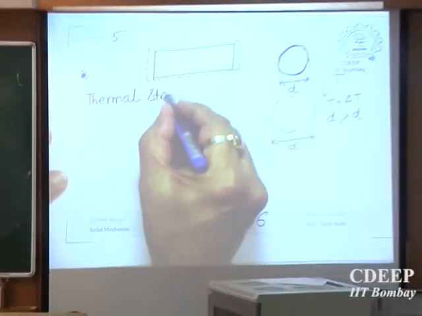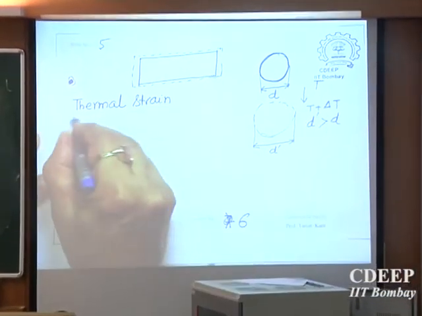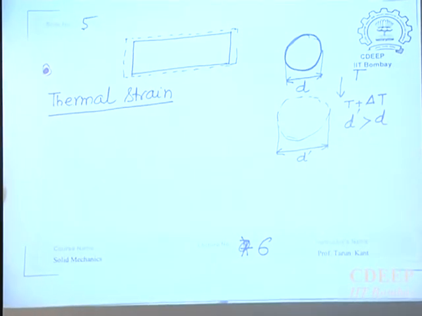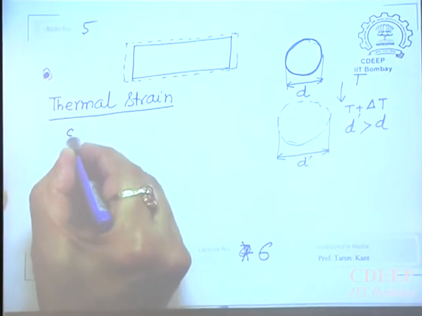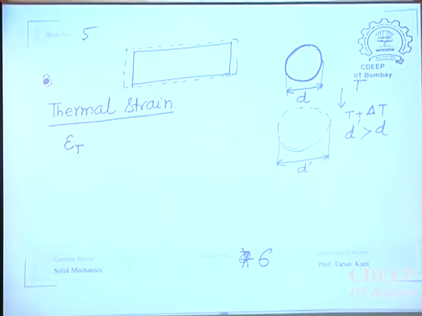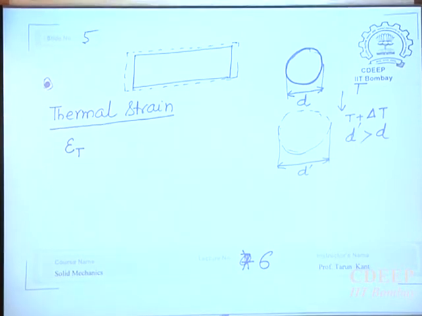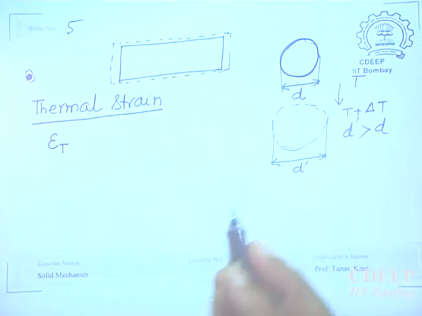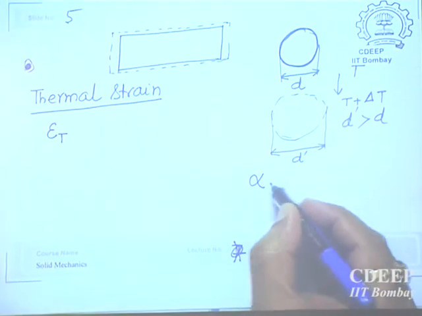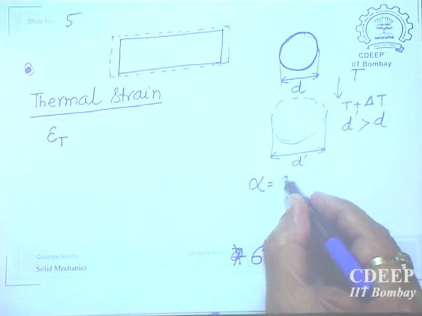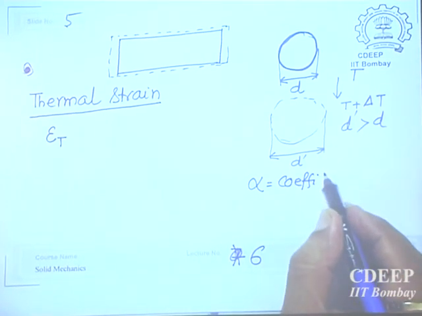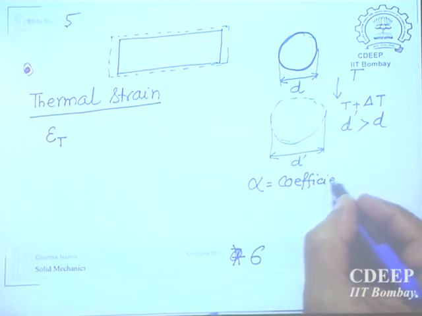Let us denote this by epsilon T, thermal. If the coefficient of thermal expansion is alpha, because every material has something called the coefficient of thermal expansion. I think you must have learned this somewhere. Anyone? Coefficient of thermal expansion in physics?